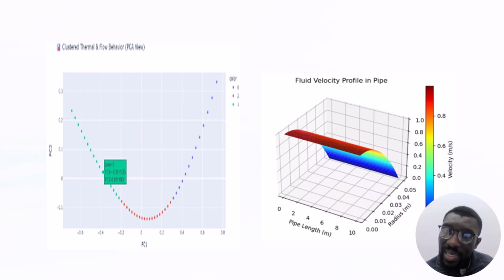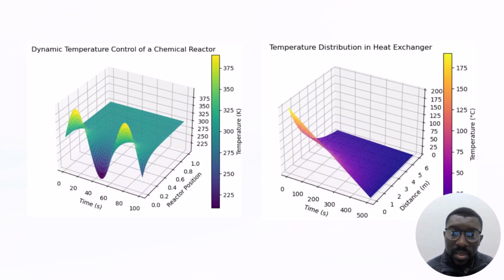As you can see here, we had a higher velocity at the center of the pipe. And we also observed the dynamic temperature in the reactor with the 3D observation as I described earlier, as well as in the heat exchanger.